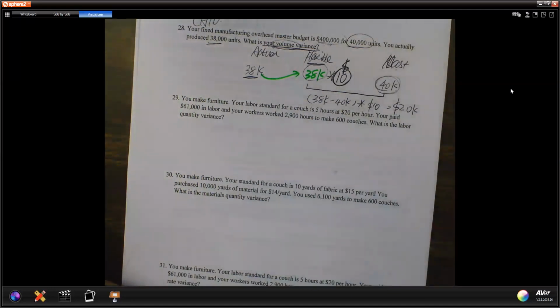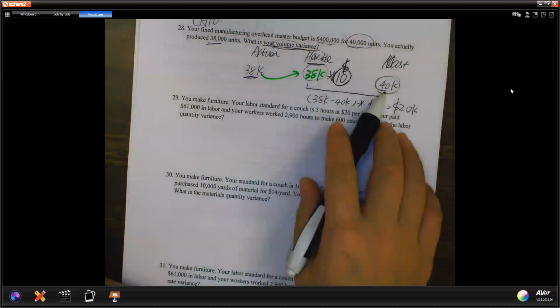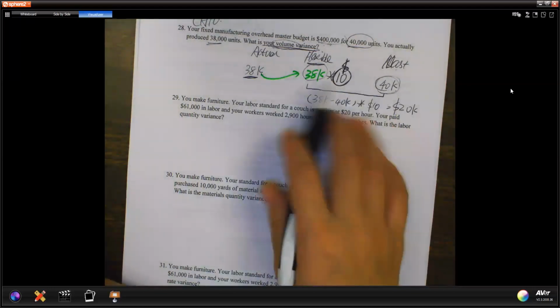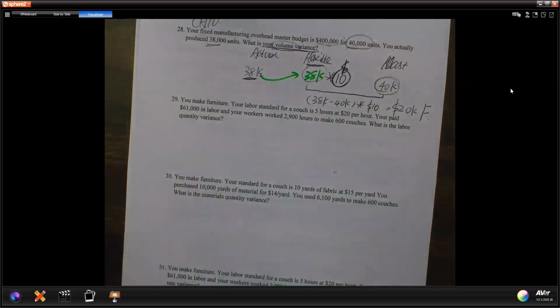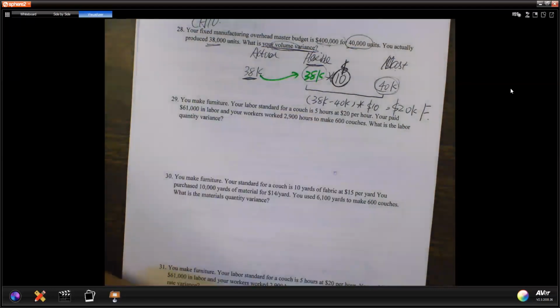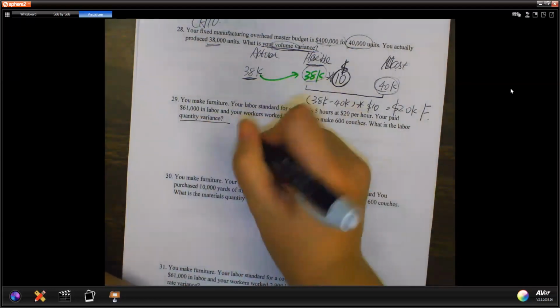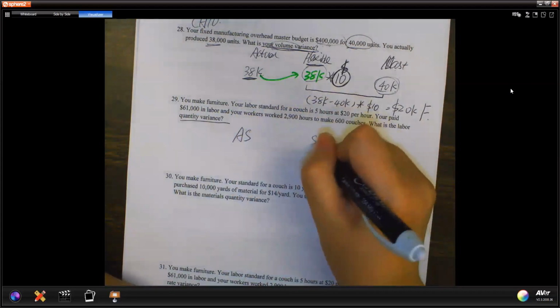And your left side is lower than your right side, and it's the cost, so it's favorable. $20,000 favorable.